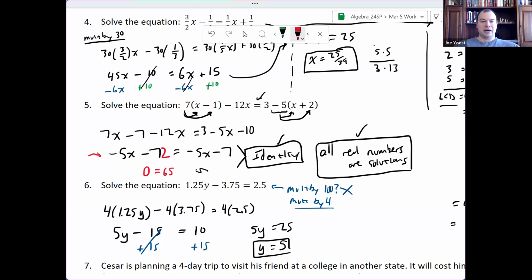So now I'm saying no matter what I choose for x, the truth value of my statement is always just the truth value of 0 equals 65. This is always a false statement.